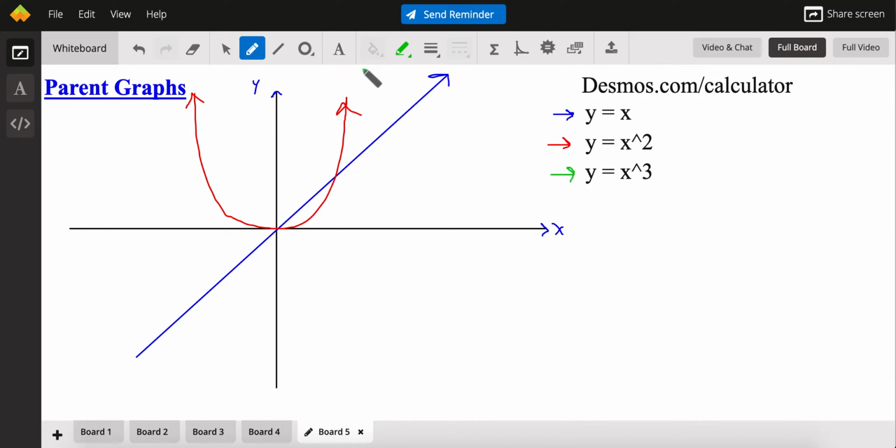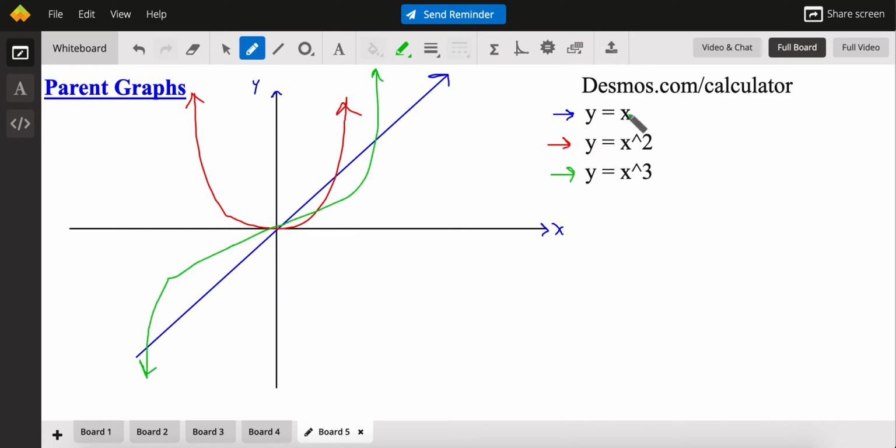And what that looks like is kind of like a sideways Z. So let me see if I can get this right. It's going to have a curve here, goes like this, and it comes down like that. Oh, that's ugly. Hold on a second. It does this, comes over like that, comes down. Okay, so that's y equals x cubed. It's like a sideways Z.